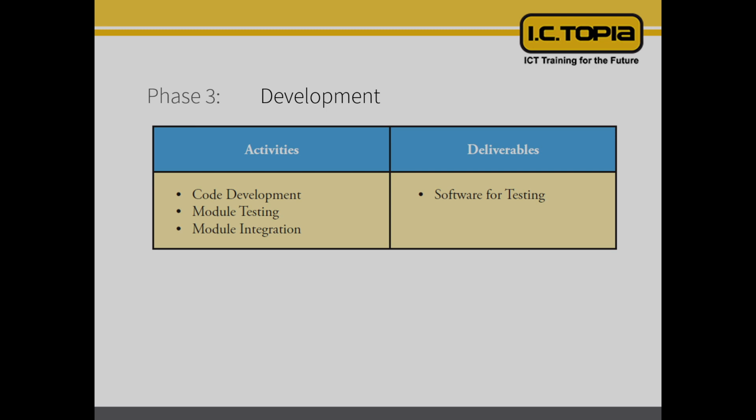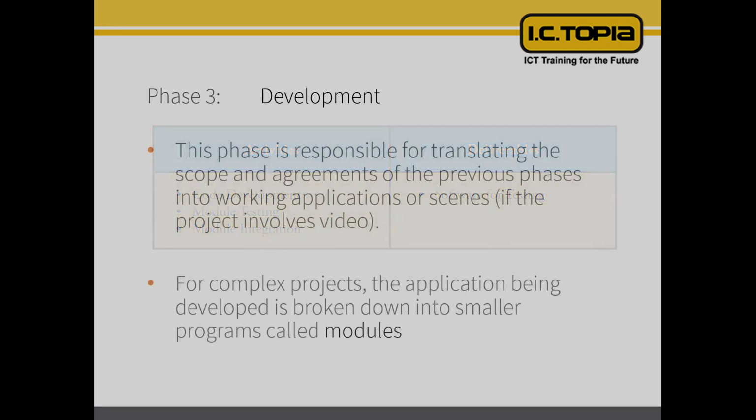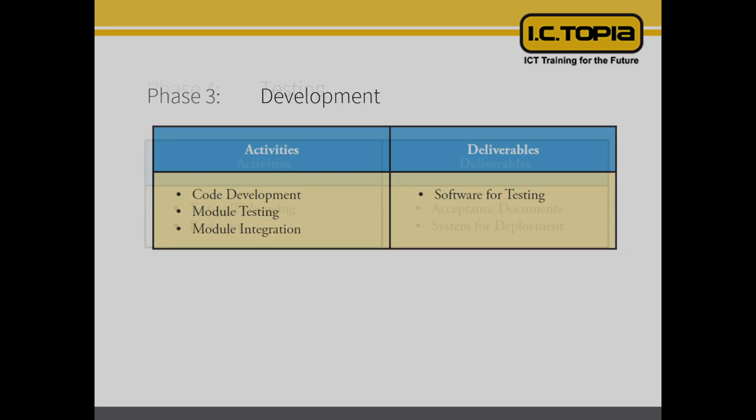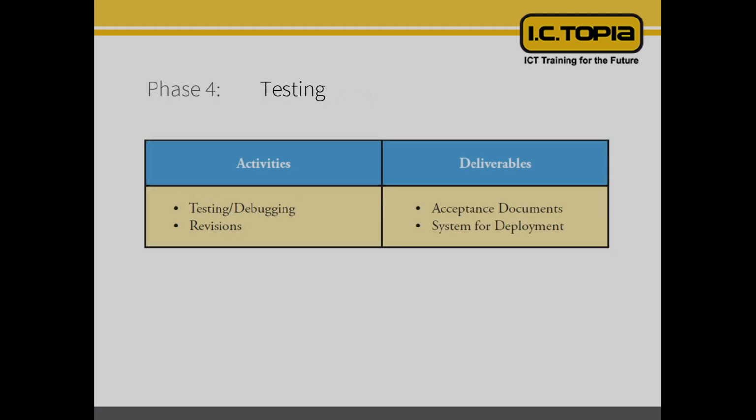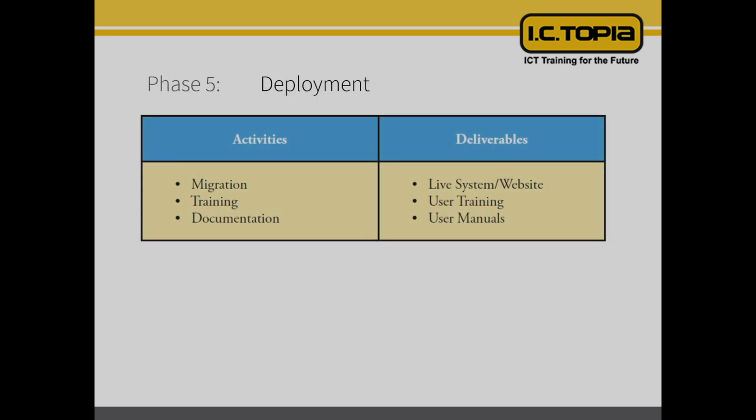Ayan, so merong code development, module testing. Ayan, so from the planning and design, unti-unti nyo nang dinedevelop yung magiging sistema ng inyong production, di ba? And we have the testing: testing, debugging, revisions, acceptance documents, system for deployment.